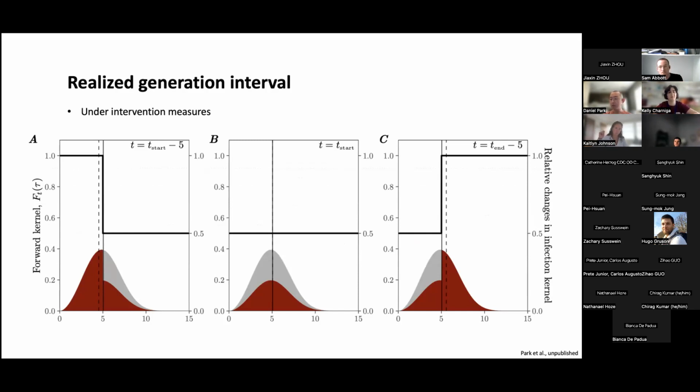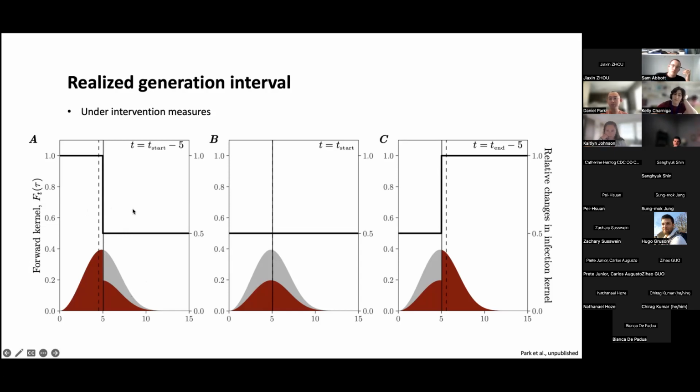You're infected at day 0, and the intervention kicks in at day 5 and reduces your transmission, which is represented by a red curve. So you're less likely to transmit after day 5. That's going to decrease your generation interval because you're no longer transmitting. This gray area is no longer transmitting.